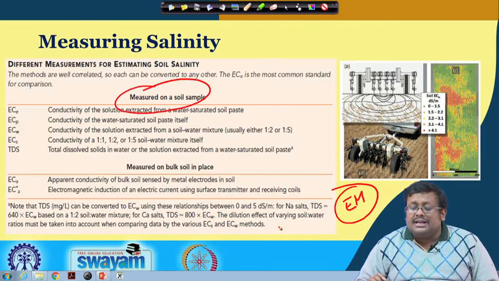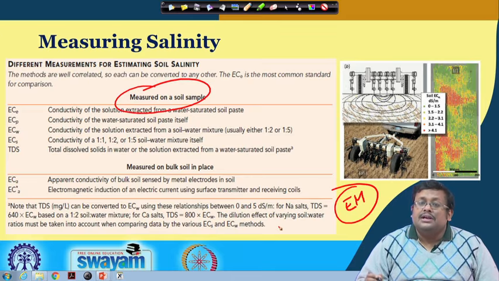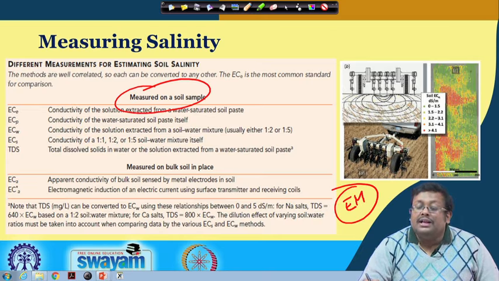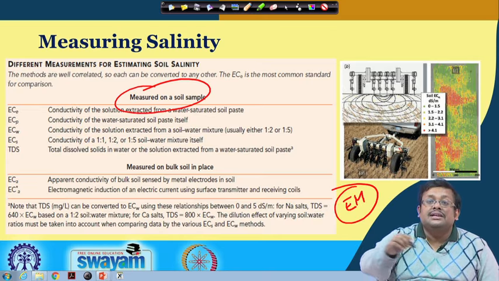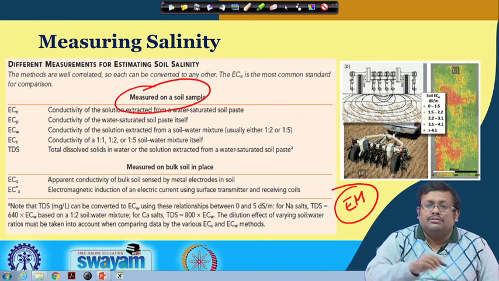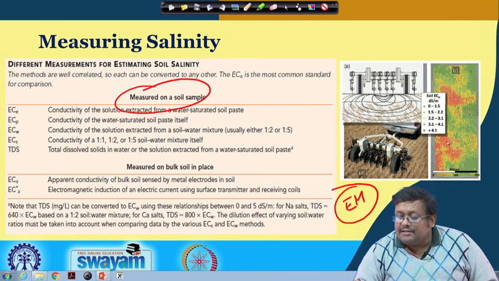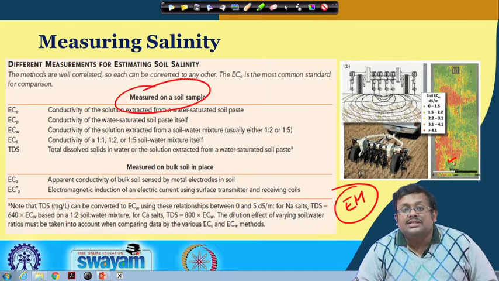Nowadays, some advanced sensors are produced, basically on-the-go sensors. They are fitted into a driving vehicle, and this vehicle goes through different parts of the field, and as a result you can see there is a real time generation of a soil salinity map.